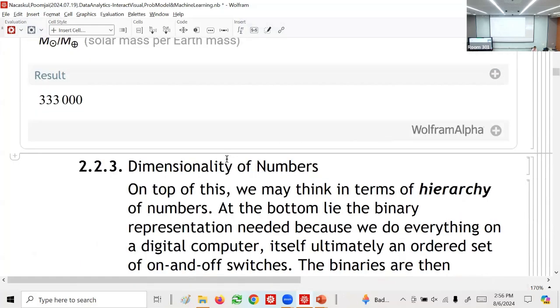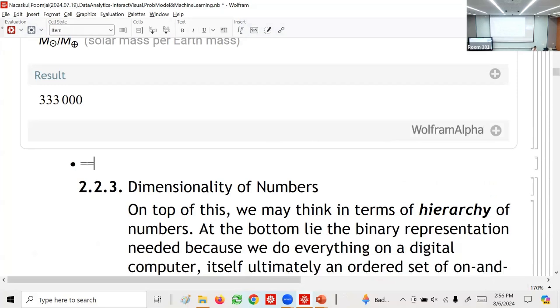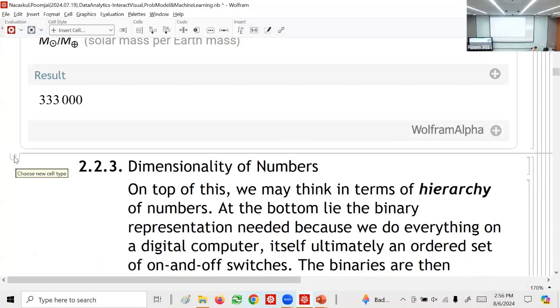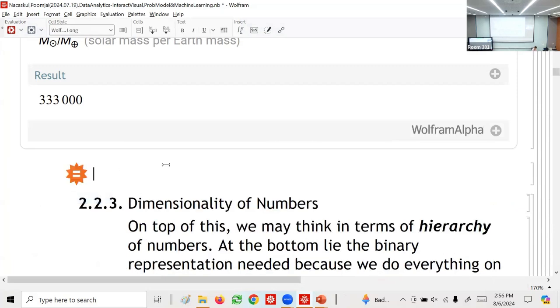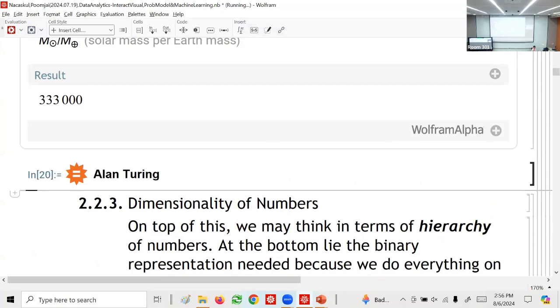So I can ask something like, well, we can find out about people. Alan Turing. See if I get something.